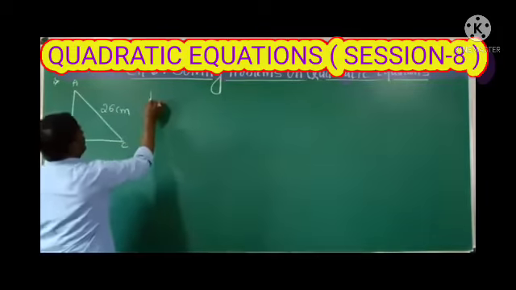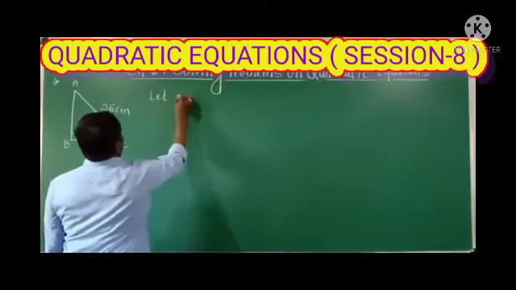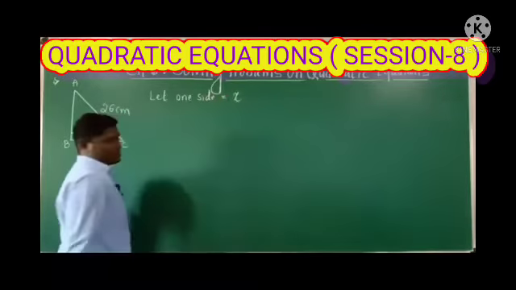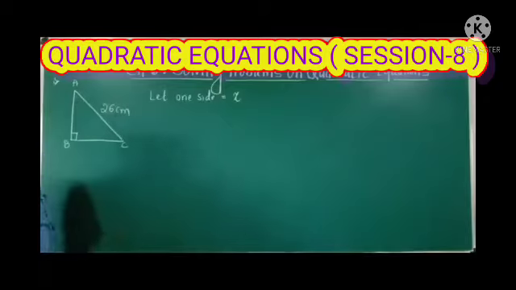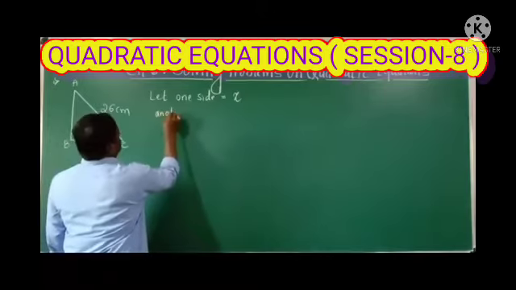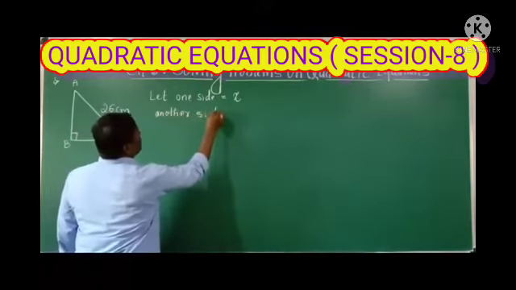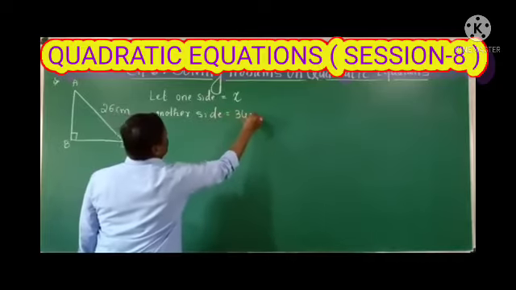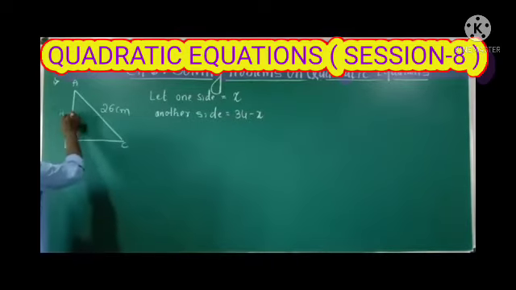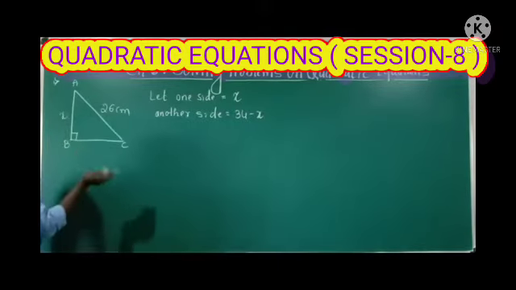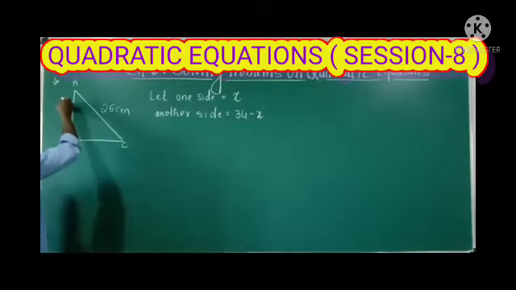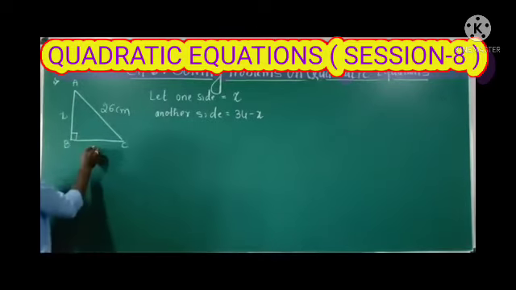So how can you consider? Let one side of the right angle be X and another side be 34 minus X. Why? Because of the sum of these two sides, if I am taking this as X, the remaining length of the second side we get by subtracting the first side from the sum.